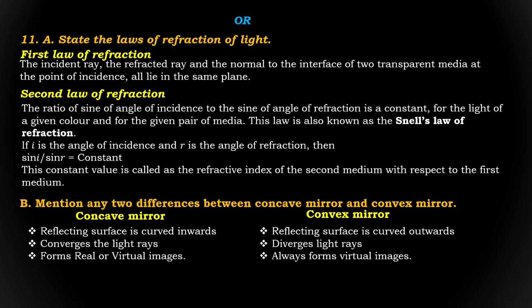The concave mirror is called a convergent mirror because it converges the light rays. The convex mirror is called a divergent mirror as it diverges the light rays. And the concave mirror can form real or virtual images, whereas the convex mirror always forms a virtual image. I hope you are clear with this. Let's go to the next question.